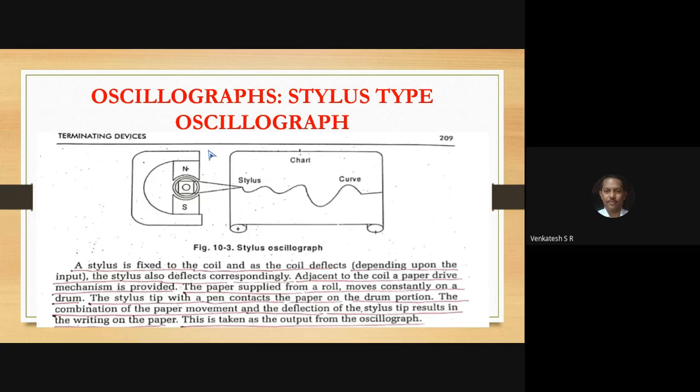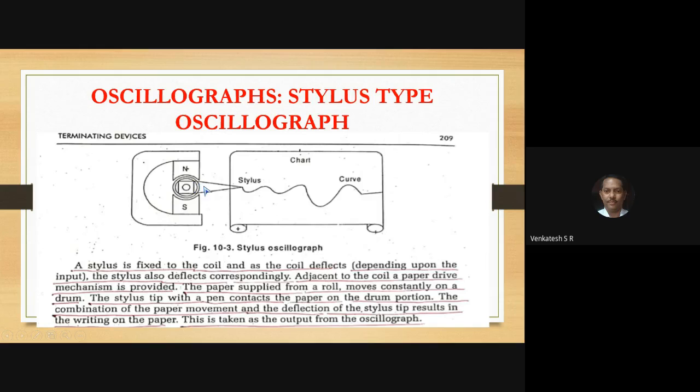In that case, the seismic instrument has the stylus type oscillograph. Here you can observe there will be two magnets. One is facing north, the other is facing south. In between, there will be a coil.